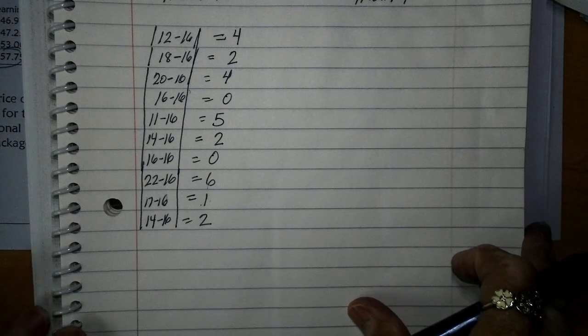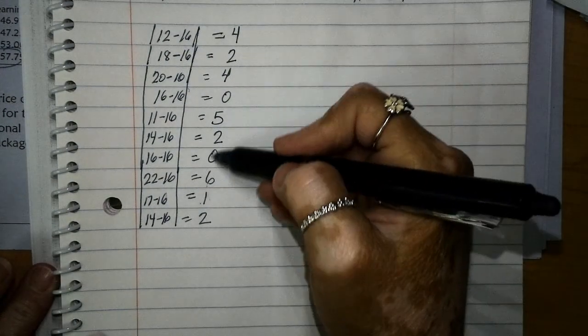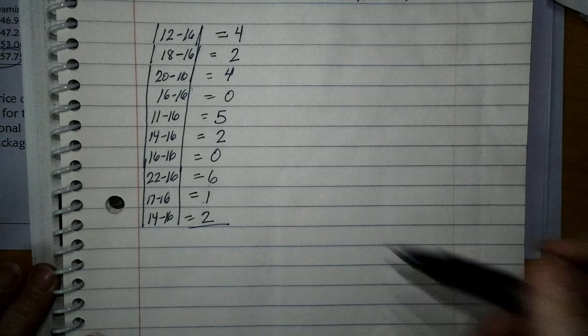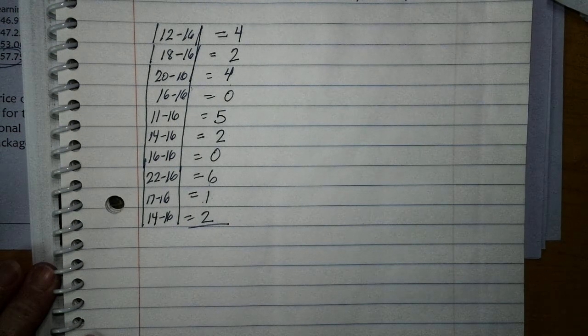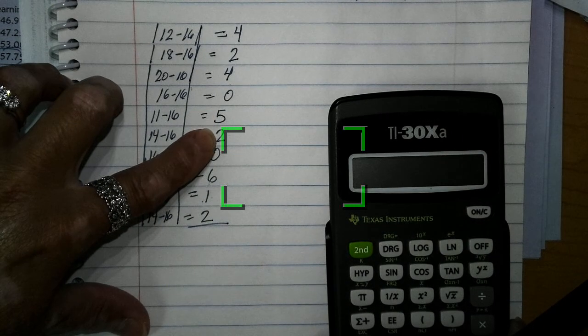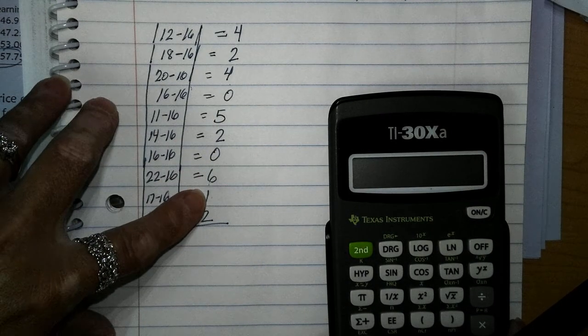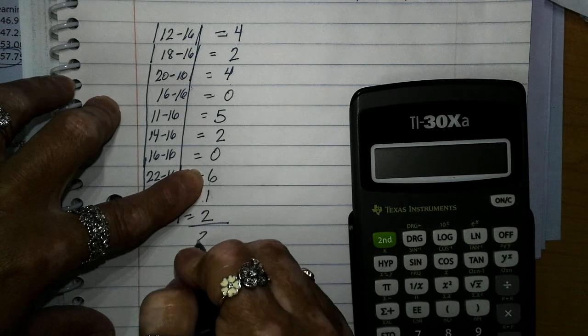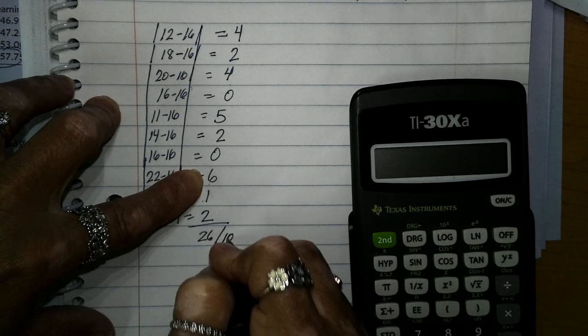Okay? So to find the mean absolute deviation, I'm going to have to add them. So 4 plus 2 plus 4, so that's 10, right? 15, 16, 17, 18, 19, 20, plus the 6 would be 26, divided by 10.